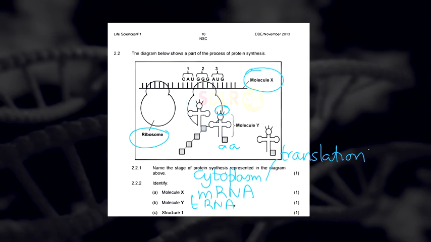And then, the last question says, identify structure 1. Now structure 1 is talking about those triplet bases that are present on molecule X. Molecule X was messenger RNA, so the 3-letter bases on messenger RNA is codon. Well done. That would show the type of questions on protein synthesis.